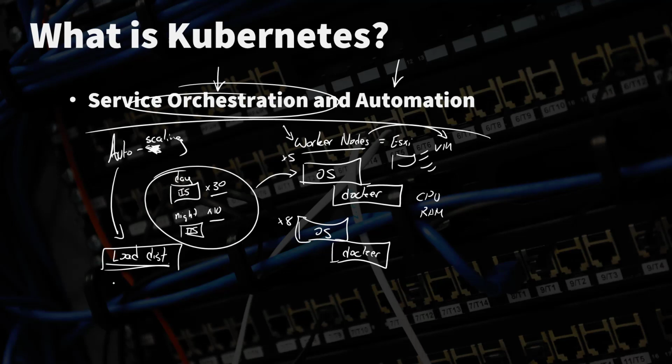Now, I already mentioned the next thing that it does, which is load balancing, right? This, I want to say, is different than load distribution. Think about having all of these different containers in a web server environment, spread across your server environment, and obviously you have all these inbound, let's say HTTPS requests, and you want some kind of a load balancer in front that says, okay, I'm going to send this load this way.